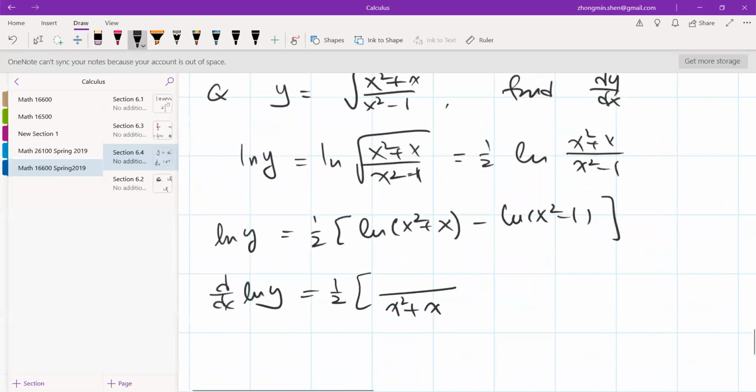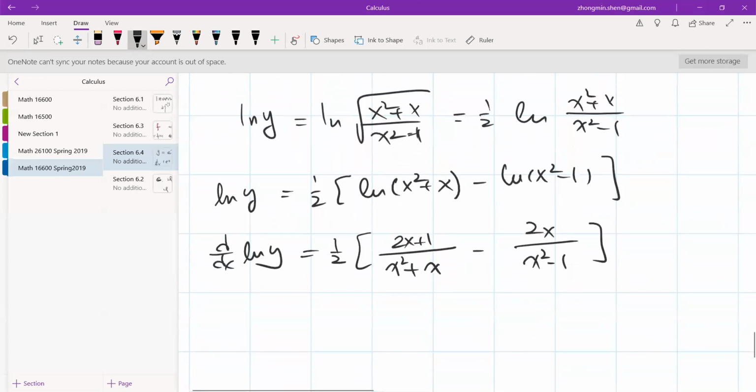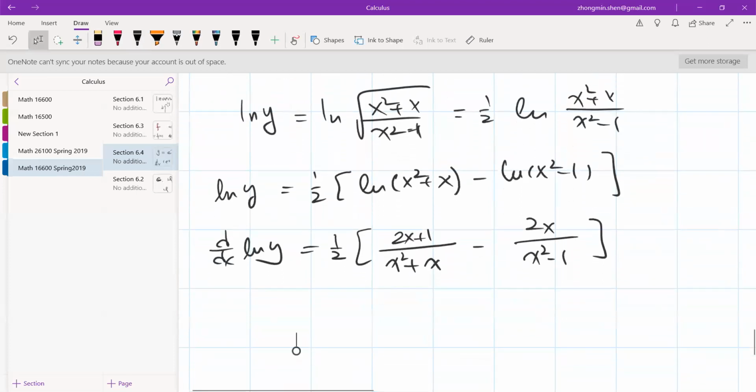Then you differentiate x squared plus x to get 2x plus 1. Then minus this, and you get 2x. Then how about the left-hand side? Well, the left-hand side is just equal to 1 over y times dy over dx. That's what I want to find out, right?